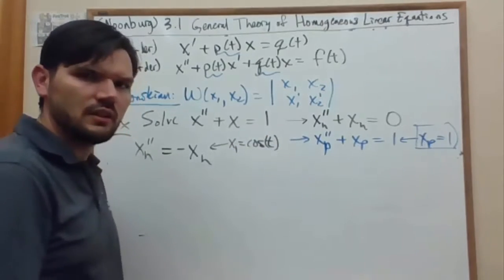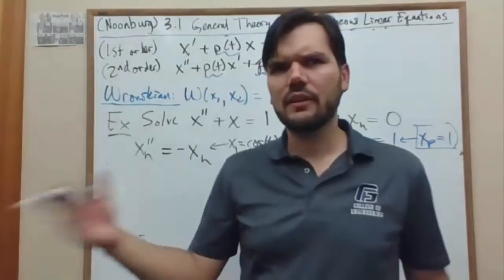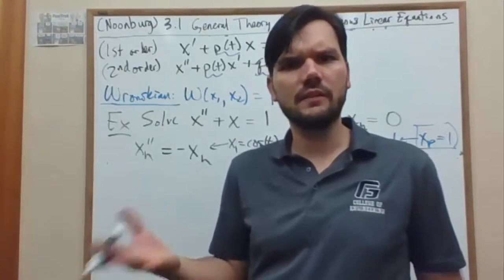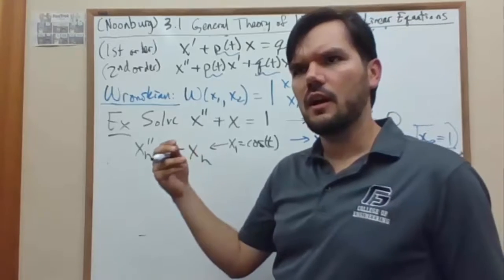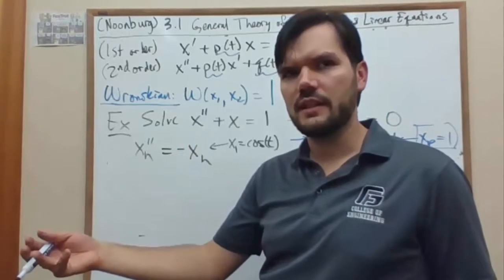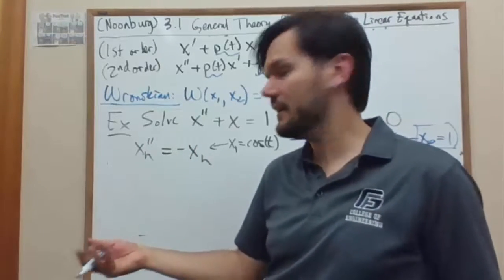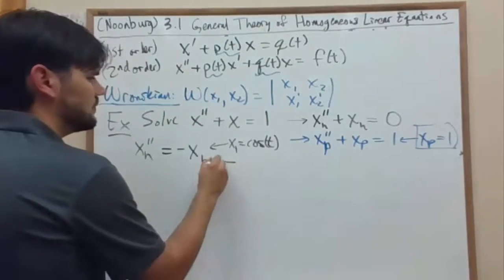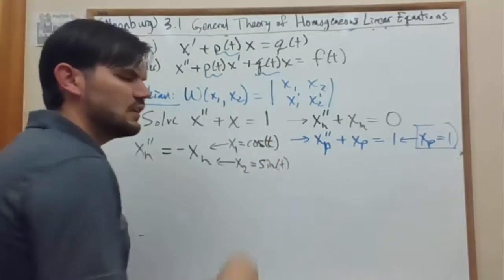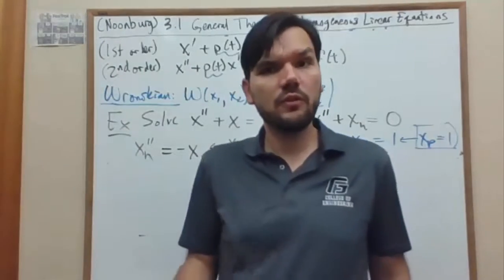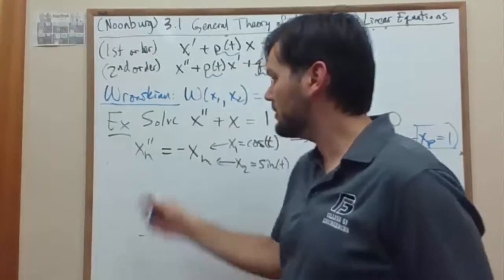I know that's a solution. And since I went cosine, sine, cosine, what if I start with sine? Take a derivative of sine, I get positive cosine. If I take a derivative of cosine, I get negative sine. That one works too. So now I have two functions, both of which satisfy my homogeneous equation.